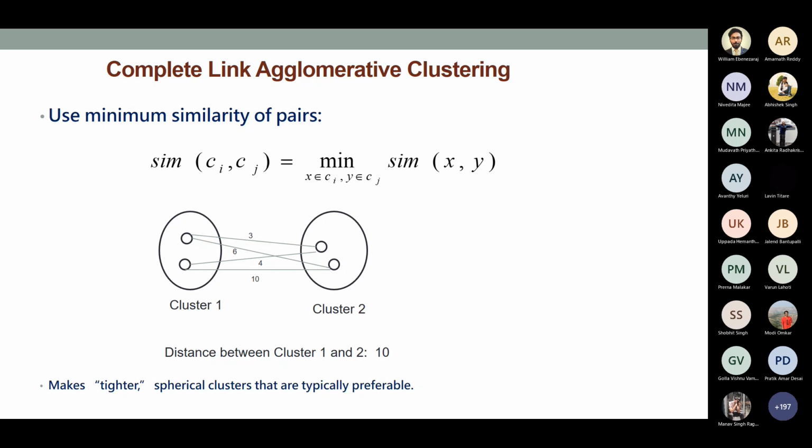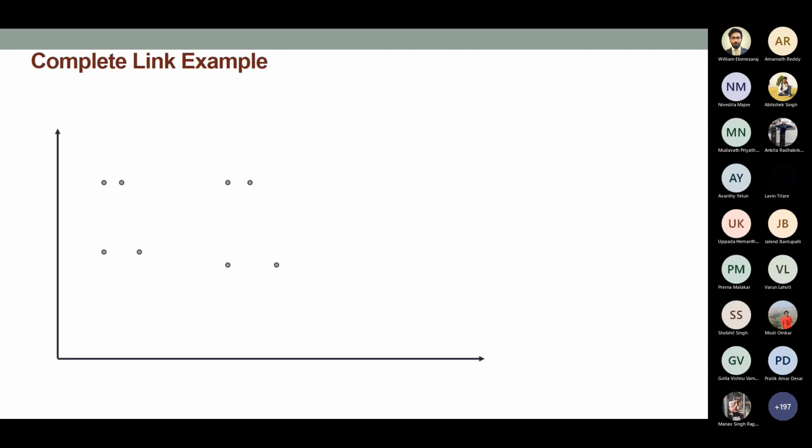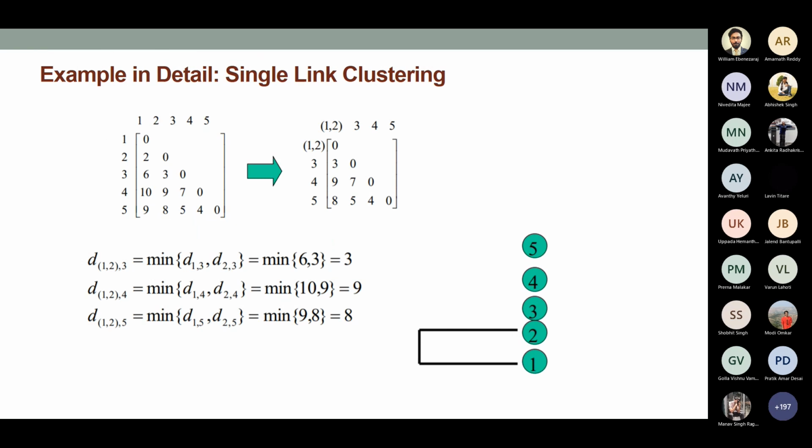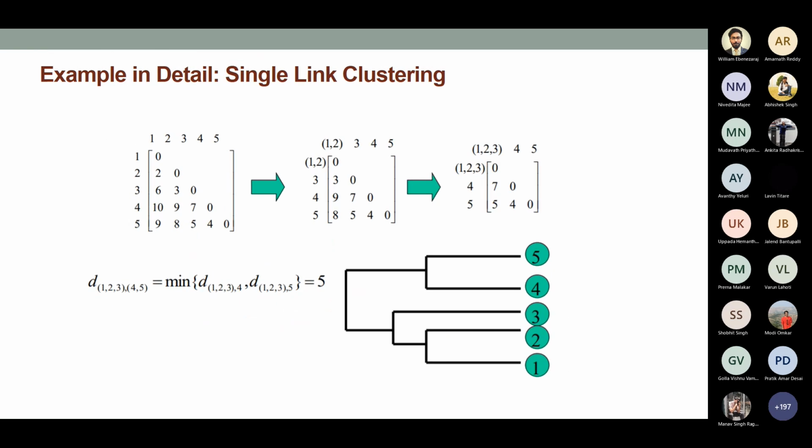That is why in this case it was 10, because among all possible pairs from the two groups, the highest distance was 10. Looking at row number 4 and column number 1, the distance between 4 and 1 is 10, and that's the maximum possible distance between any pair of objects in this data.